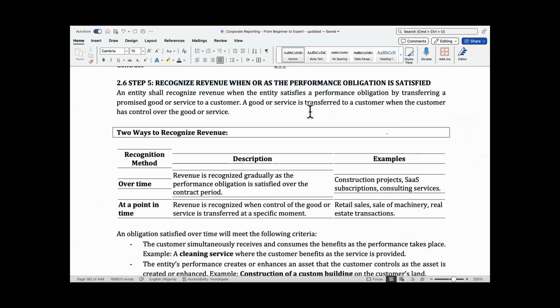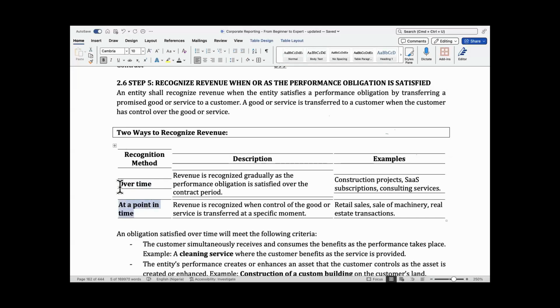Now let me explain what Momo was asking. Step 5 actually takes care of that. Generally, when we want to deliver goods, or put it technically, when we want to satisfy a performance obligation, we either satisfy that obligation over time or at a point in time.